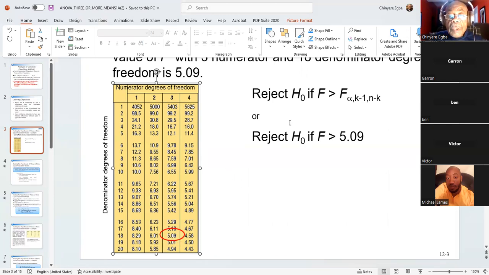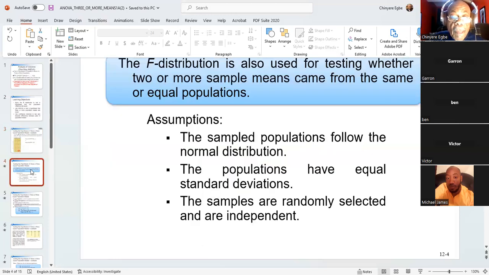And so you reject the null hypothesis if the calculated F is greater than 5.09. Suppose you have 3 and 15, the critical F will be 5.42, and so forth and so on.